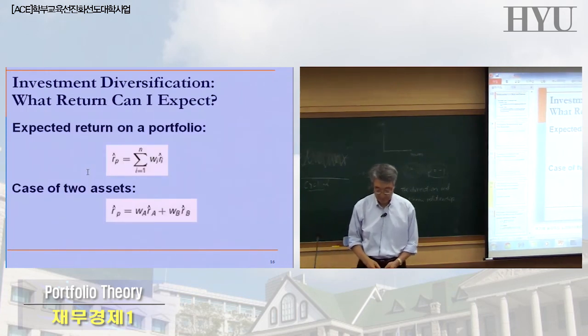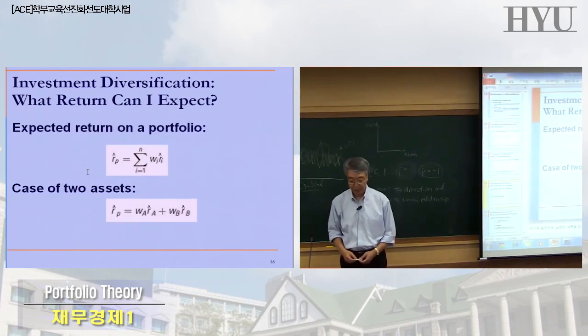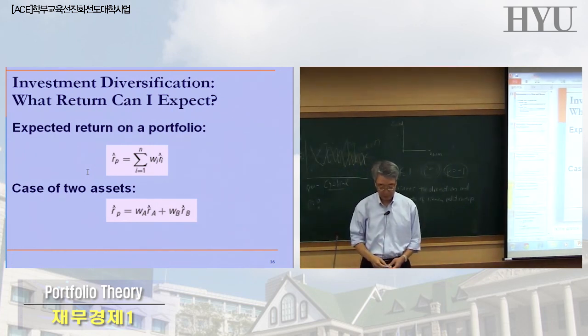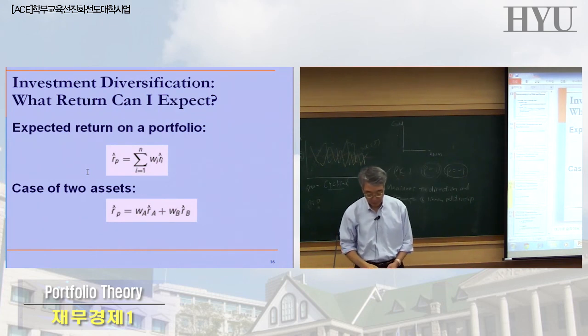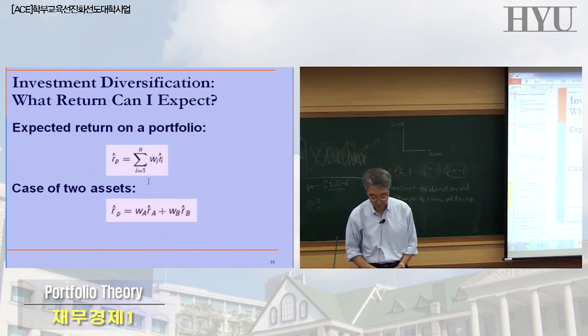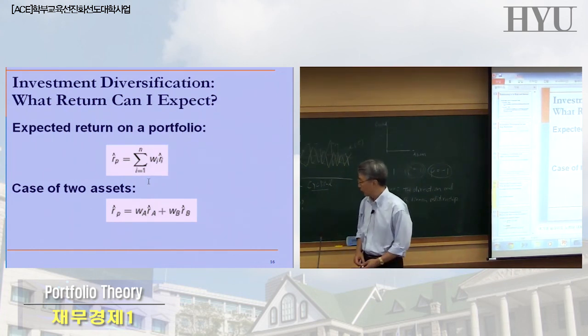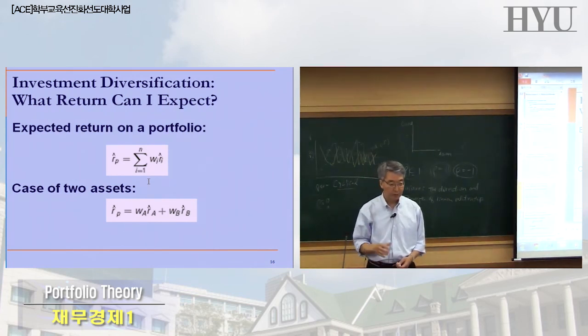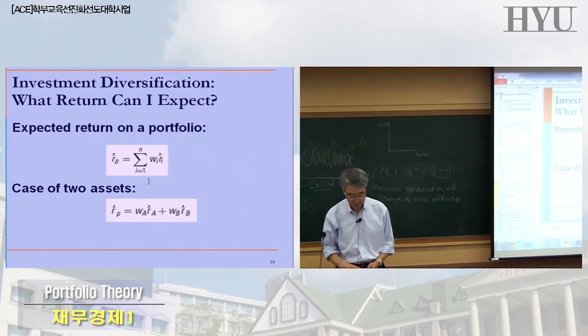So let's get on to how to measure the return on a portfolio and also the risk of a portfolio. The general formula for the expected return on a portfolio is here. It is just a summation of Wj times Rj, just like the formula we used for calculating expected return in different situations.